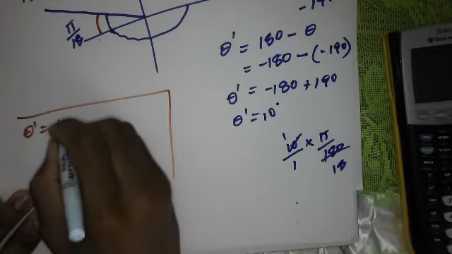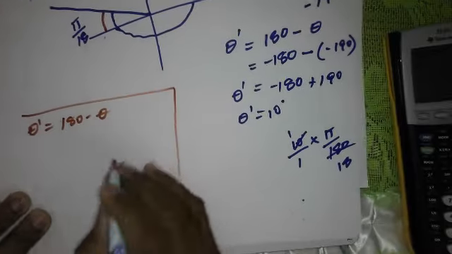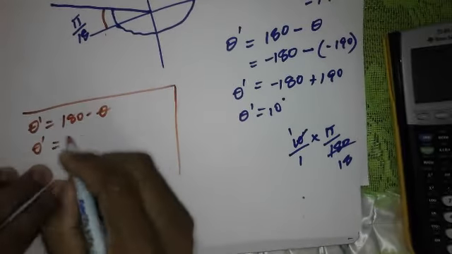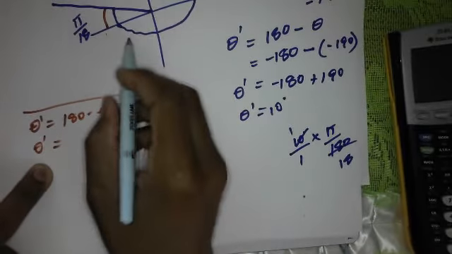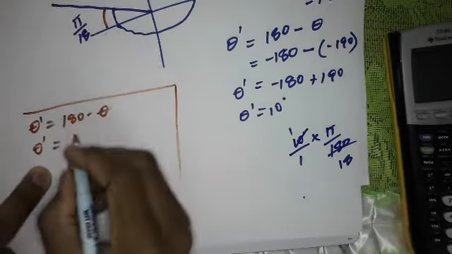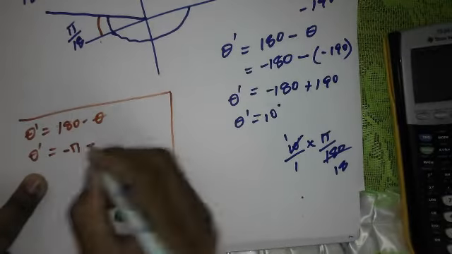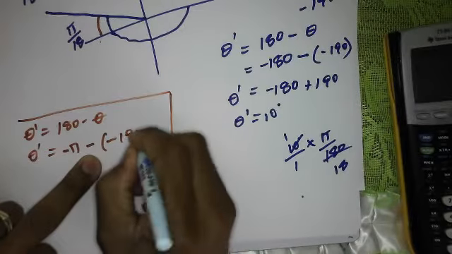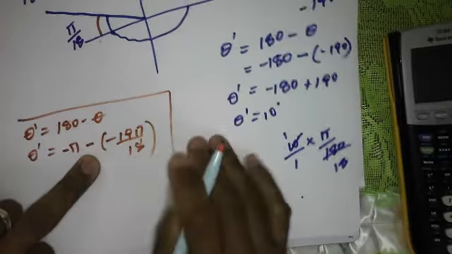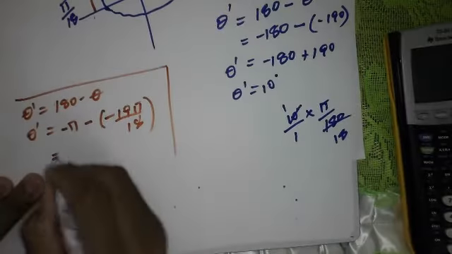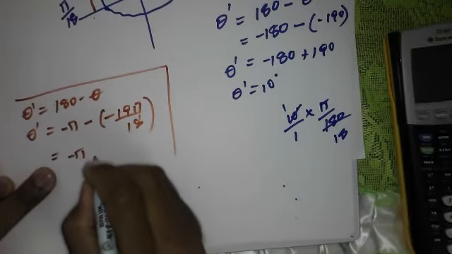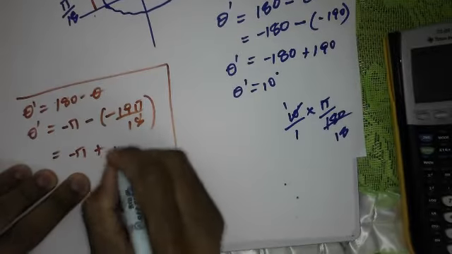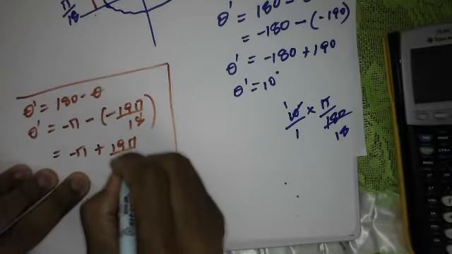So it would be 180 minus our given angle. So our reference angle would be 180, but that is pi, right? But it's going in the negative direction, so it would be negative pi minus the angle that we get, which is negative 19 pi by 18. Okay, and this would give us negative pi, negative times negative is positive, plus 19 pi by 18.